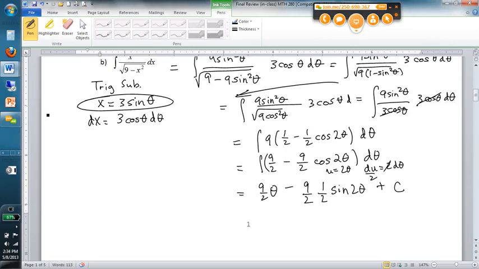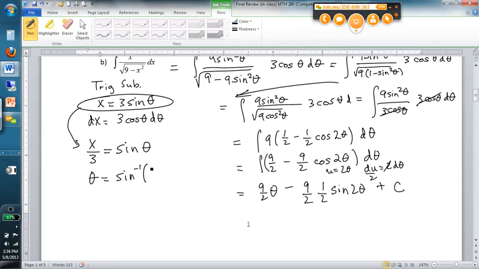Now, the really useful form of x equals 3 sine theta would be x over 3 equals sine of theta, because if x over 3 equals sine of theta, what does theta equal? Wouldn't theta equal the inverse sine of x over 3? With me there?